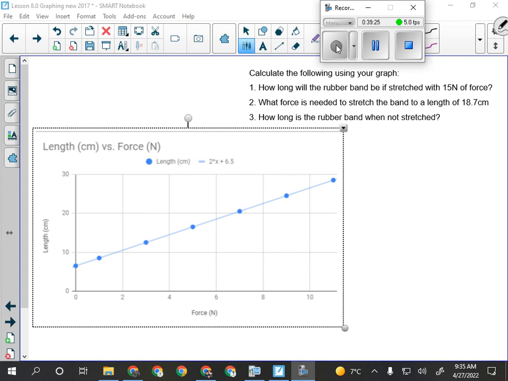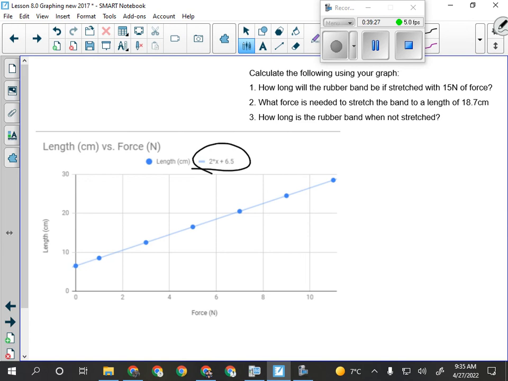So all I have to do is take the equation that Google Sheets calculated for me and say, all right, y equals 2, that's the slope of the line, times 15 newtons plus 6.5 centimeters. So that should be 36.5 centimeters. Yes?